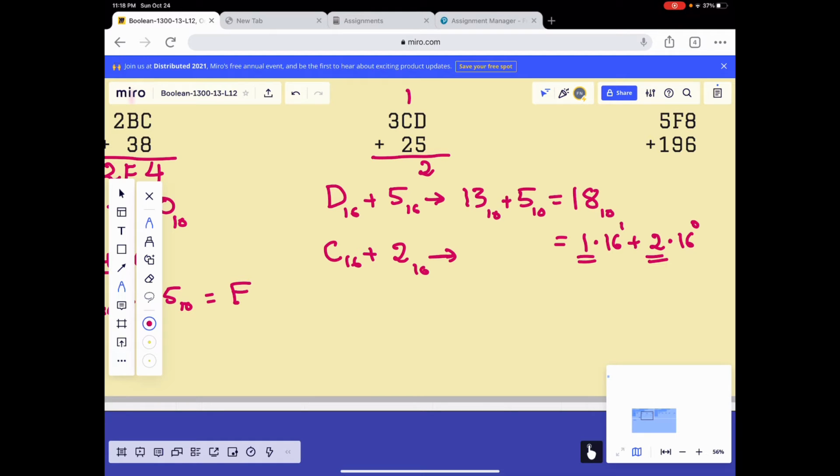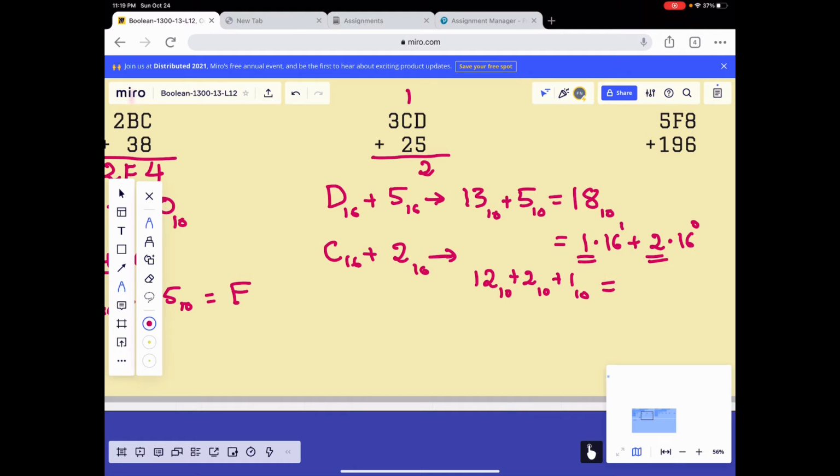C is 12, so I write out 12. 12 decimal plus 2 decimal, and that got 1 carry over, so plus 1.